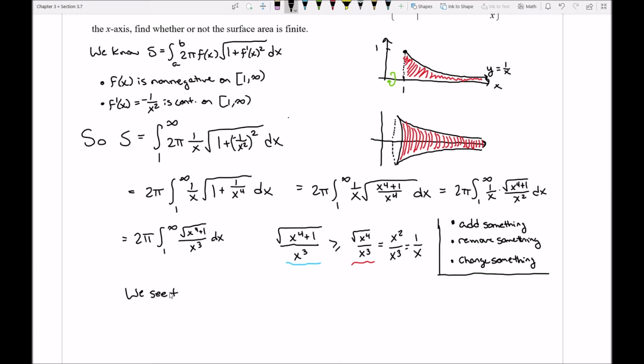I'll say we see that the integral from 1 to infinity of 1 over x dx is equal to the limit as t approaches infinity of the integral from 1 to t of 1 over x dx. That's equal to a limit as t approaches infinity. And let's see, the antiderivative here is going to be what?